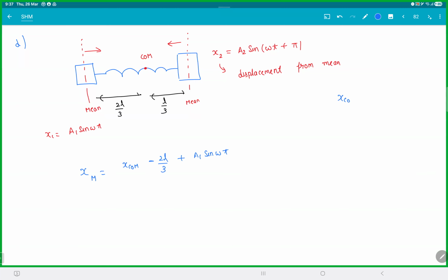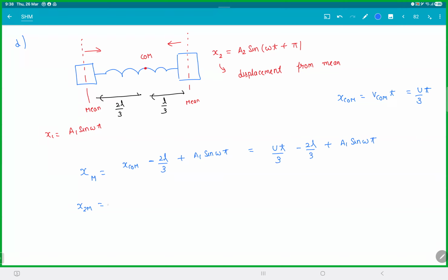And what is x center of mass? X center of mass is v-com into t, which is u by 3 t. Therefore, the coordinates of this block will be ut by 3 minus 2L by 3, because initially you're 2L by 3 behind, plus A1 sine omega t, because you're oscillating in SHM.